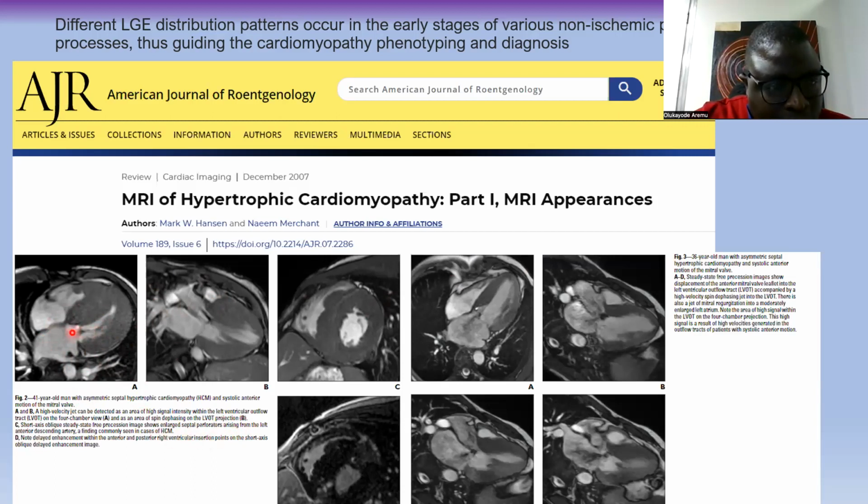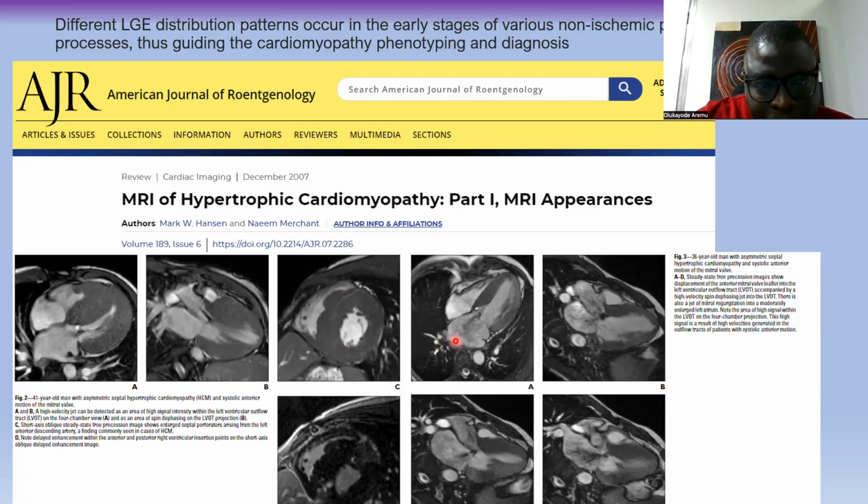And then the next image is a short axis stack of oblique steady state free precession image, which shows an enlarged septum. The septum here, so this is the left ventricle and this is the right ventricle. You can see the septum here. I know you're following my laser here. Okay, arising from the left anterior descending artery. And this is a finding that is commonly seen in cases of hypertrophic cardiomyopathy.